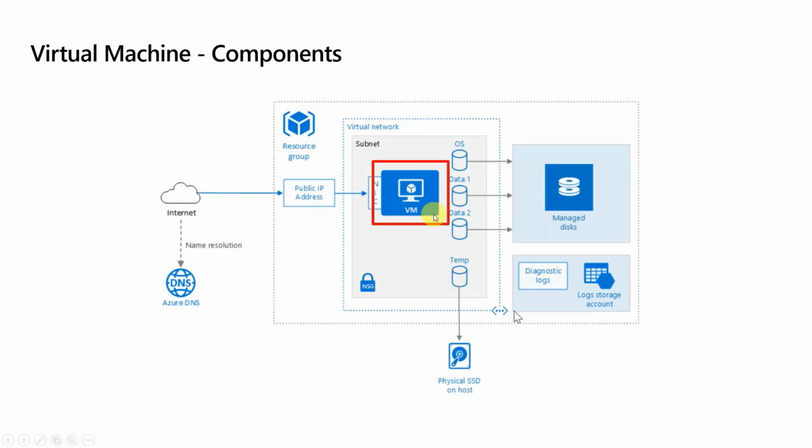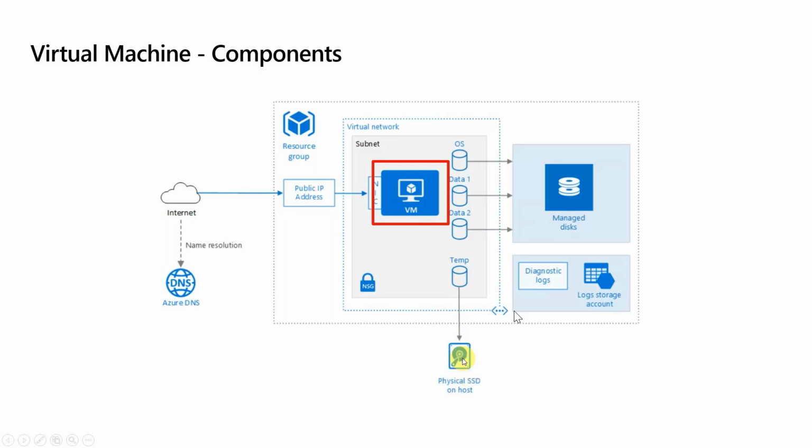Whenever you stop the VM, earlier I was talking about stopping or deallocating, right? Whenever you are stopping the VM, all the files stored in this temporary disk will be cleaned up. Because when you create a VM, it might get created in one physical server.